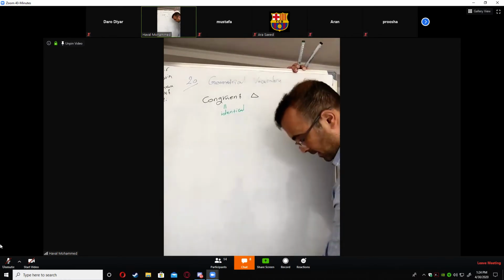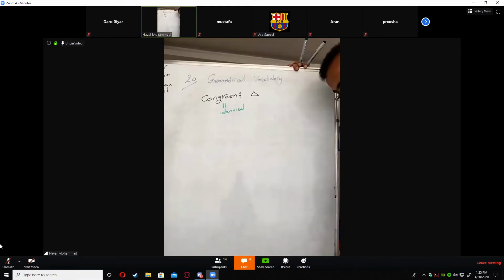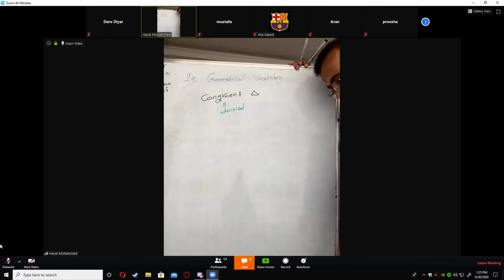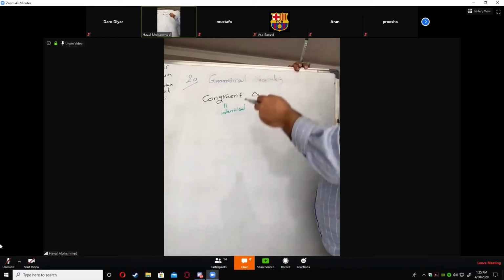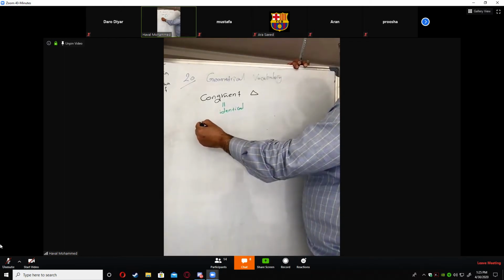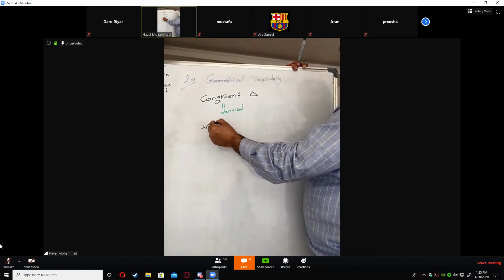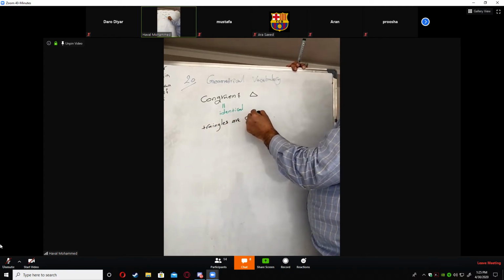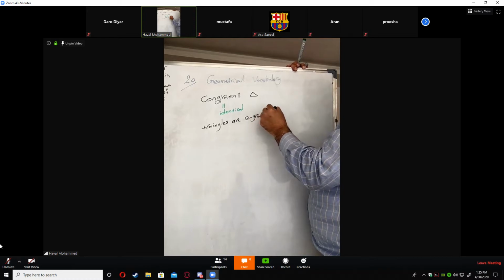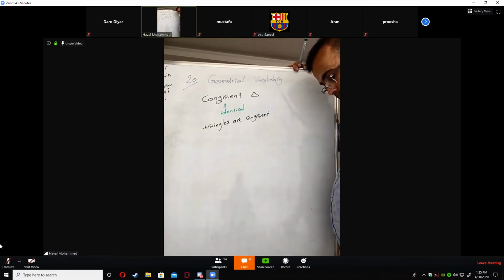I'm saying they have corresponding sides of the same length and corresponding angles are equal. Then the triangles are congruent.